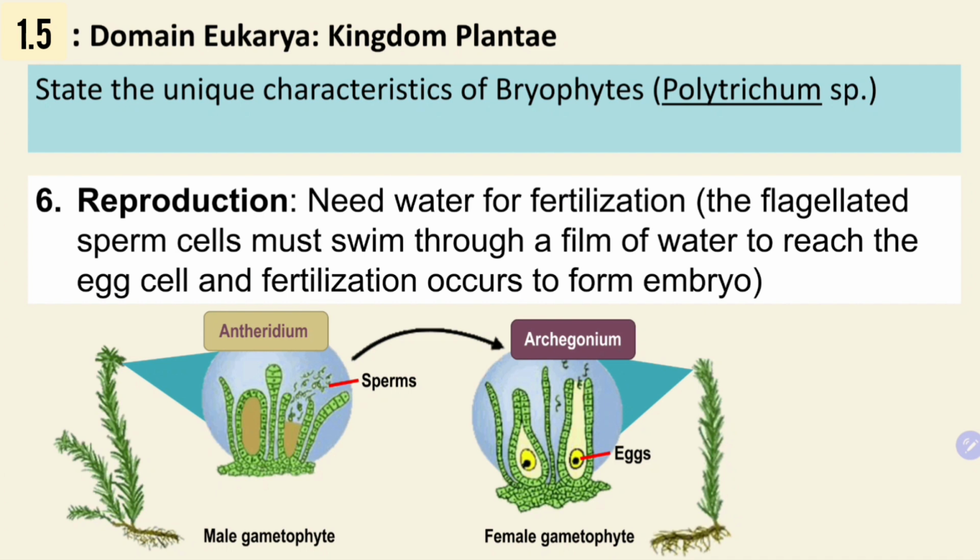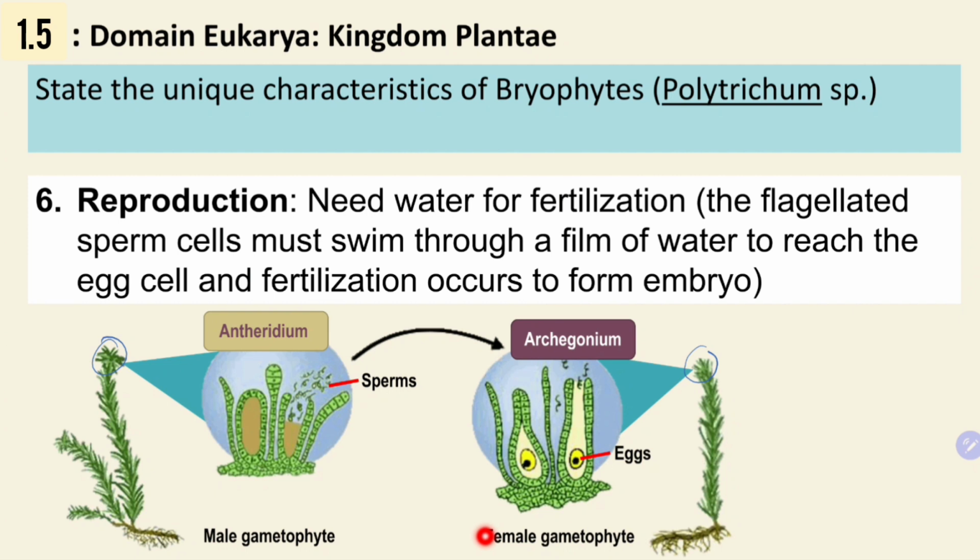So the gametophyte akan ada specific structure. Dekat male yang kita panggil sebagai antheridium. So dekat female pula akan ada specific structure yang kita panggil sebagai archegonium. So dekat antheridium, archegonium ni lah kita akan jumpa the gametes, which is sperm ataupun egg. So antheridium will produce sperm by mitosis, archegonium will produce egg pun by mitosis.